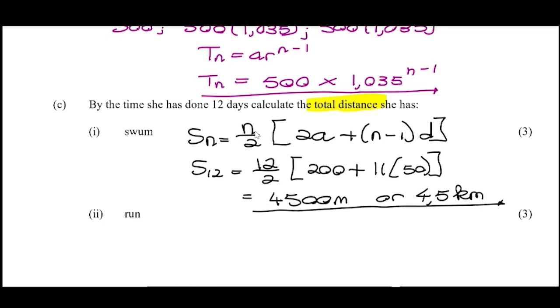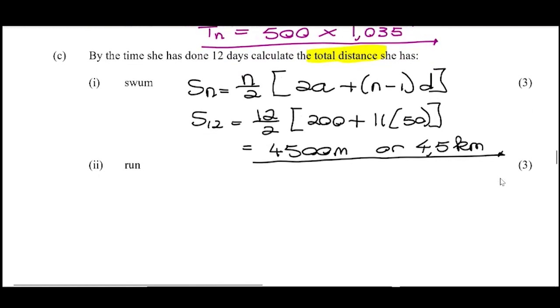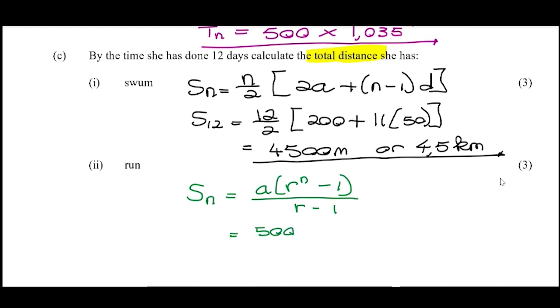We're going to do a very similar thing with the running, but we're going to use a different formula because the running is a geometric series. And remember, the formula for the sum of n terms of a geometric series is a r to the n minus 1 over r minus 1. And so what we get on the first day, she ran 500.